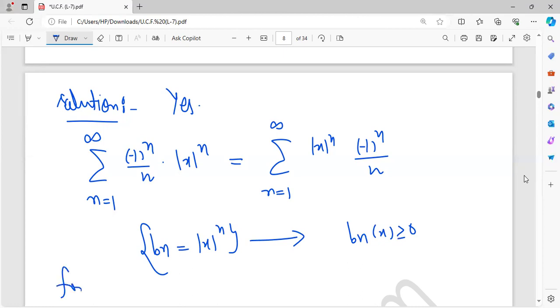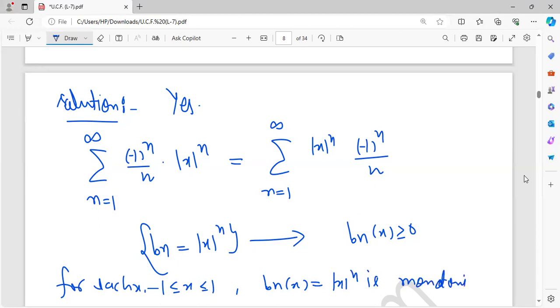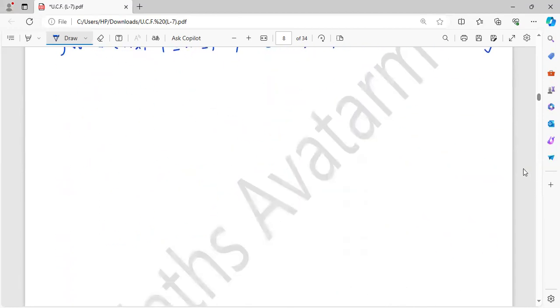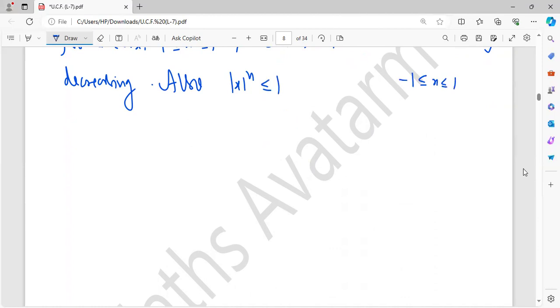And for each x in this range, b_n(x) is monotonically decreasing. Also |x|^n, because my x is in this range, will not exceed 1 for all n belongs to N and x in this range.